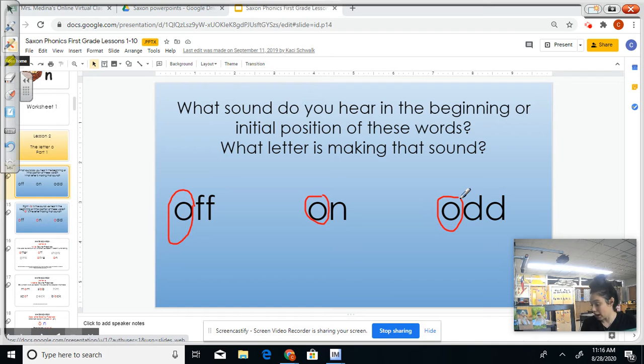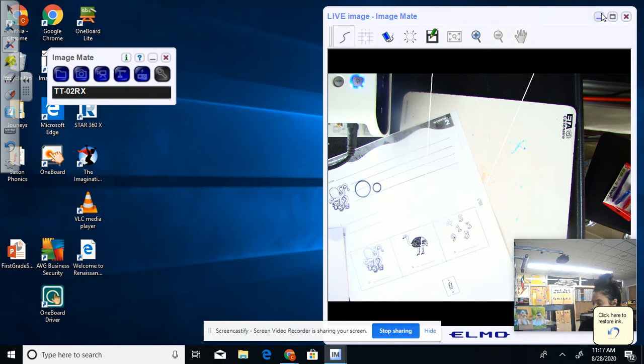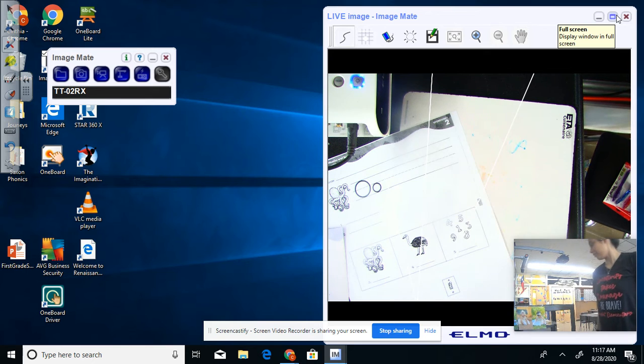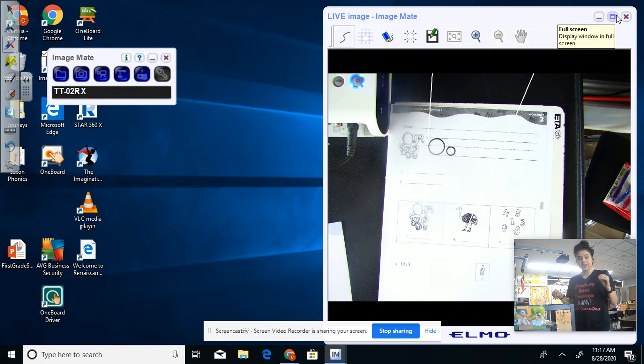Let's go to our handwriting. And guess what? I did not put a letter O in your handwriting this week, and I have no idea why, but that happened. It's a challenge to get everything that you need by Thursday. I got everything else, but not that, apparently.